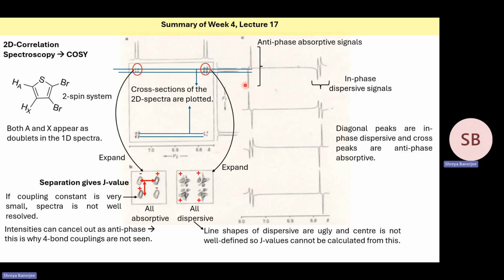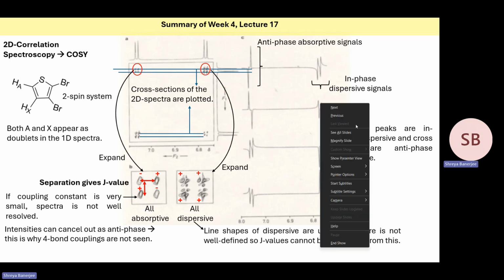You know this kind of signal is an absorptive signal, and they are antiphase because they are in opposite directions. The other 2 dots here will come as dispersive in phase. Similarly, for the second blue line, the first 2 dots will again come as absorptive antiphase, but in the first one it was negative positive, this is positive negative. And these second 2 will come as dispersive in phase.